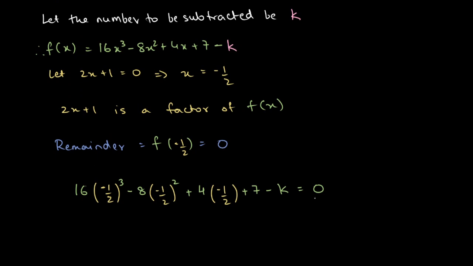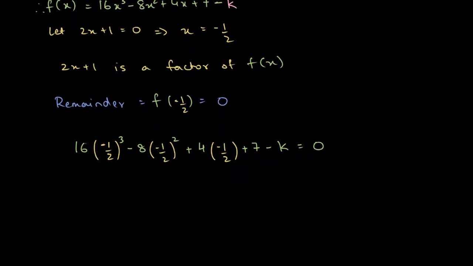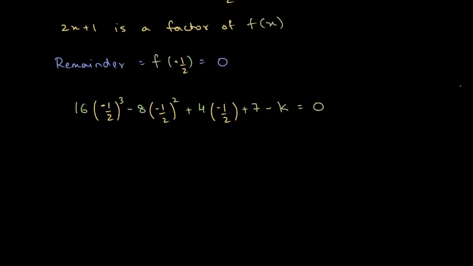So we've got our equation with k as the only unknown. If we solve it, we should end up with the answer for k.